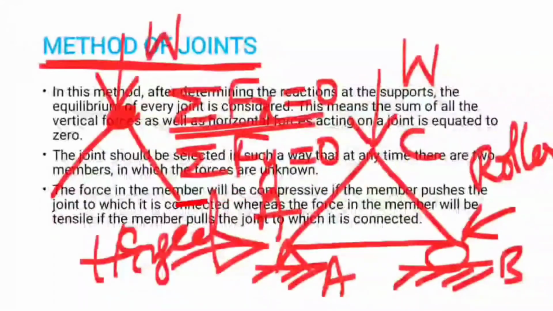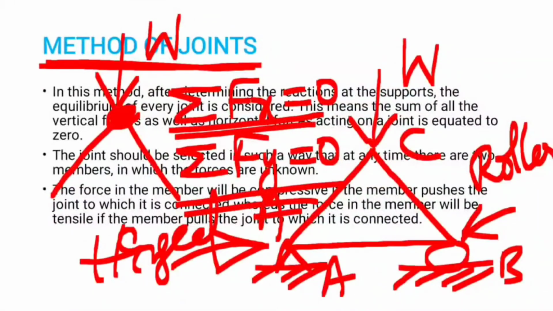What does it tell, sigma Fx and sigma Fy? From sigma Fx, the sum of horizontal forces acting on a joint equals 0.